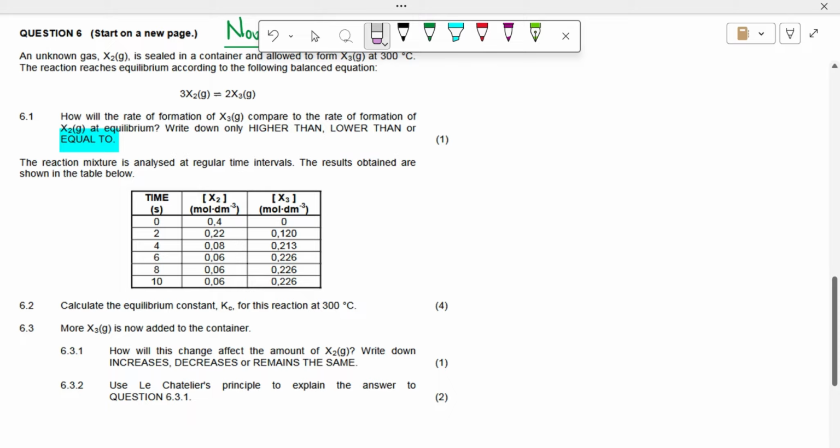So I have the concentration of X2, which is 0.4. It decreases to 0.2. So this concentration is actually decreasing, right? The concentration of X2 actually decreases over time.